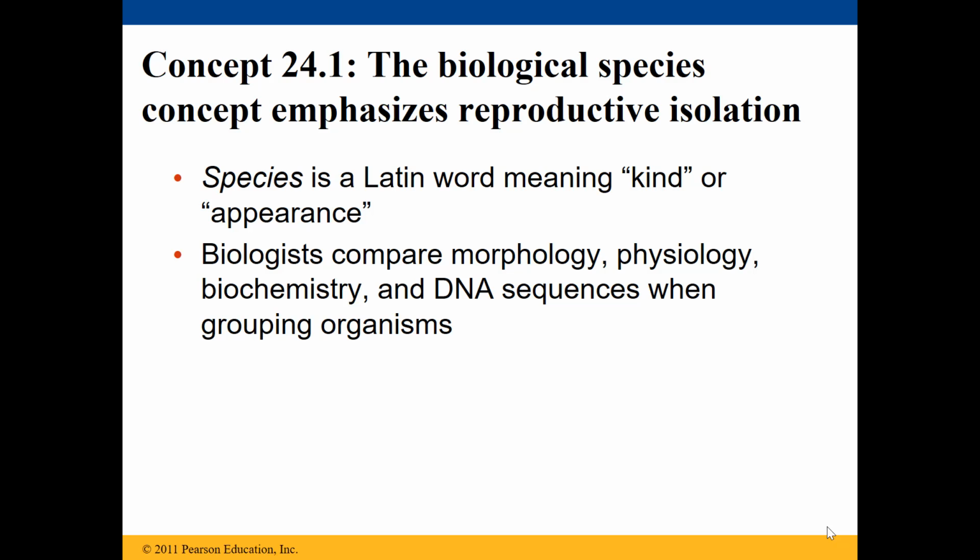We can use one called the morphological, or typological, species concept. So morphological or typological species is basically this: if they look alike, they are the same species.